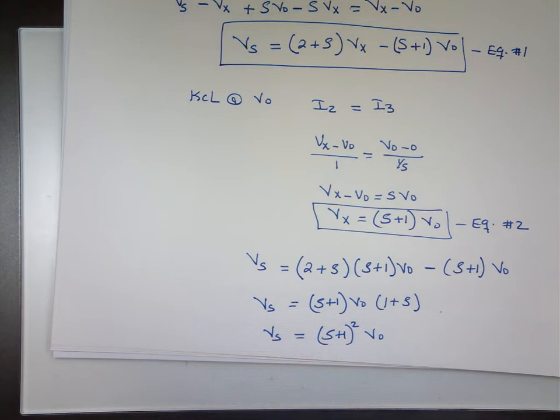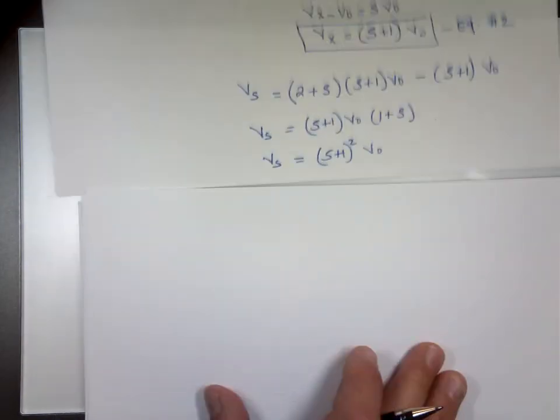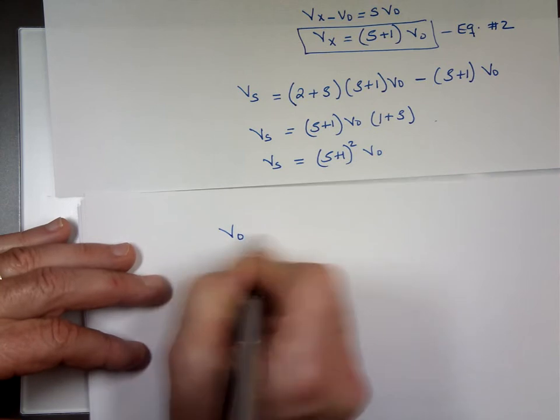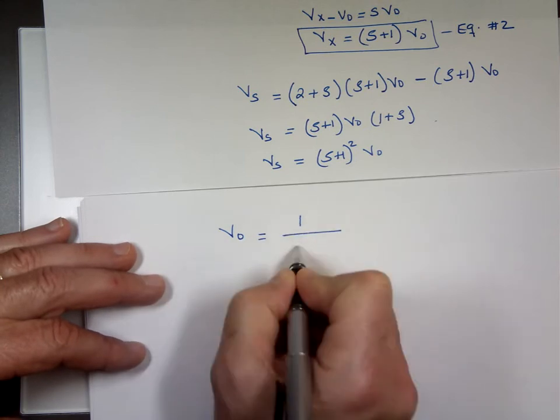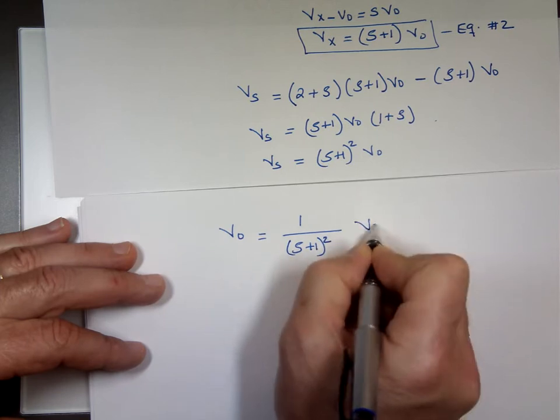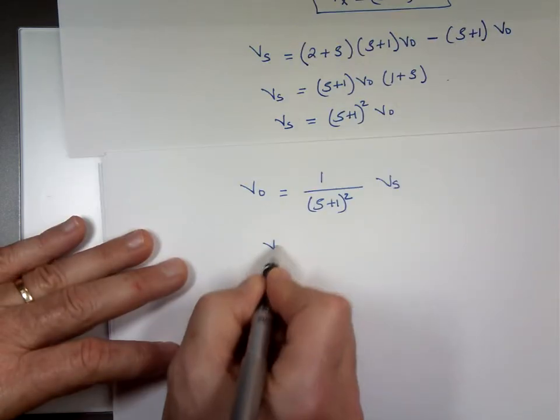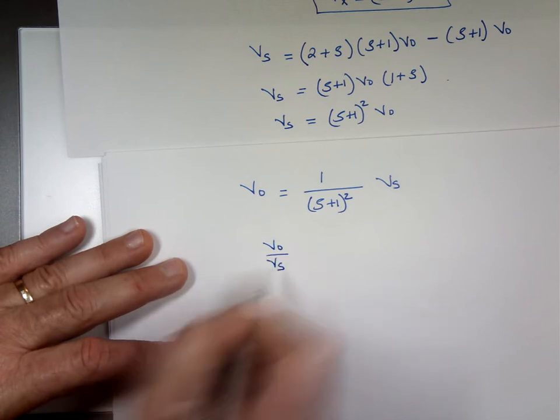So what is V out as a function of Vs? V out equals 1 over S plus 1 squared Vs. Let me do the voltage gain, which is V out over Vs. It's an op amp. What's the voltage gain?